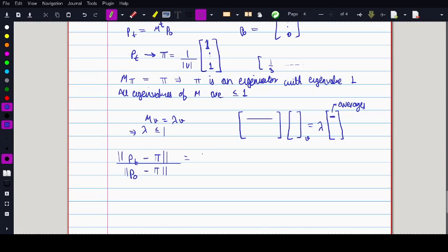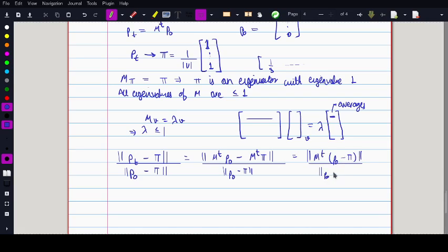One thing to note is that you could write the numerator as M^t P_0 minus M^t π, which would be this thing.